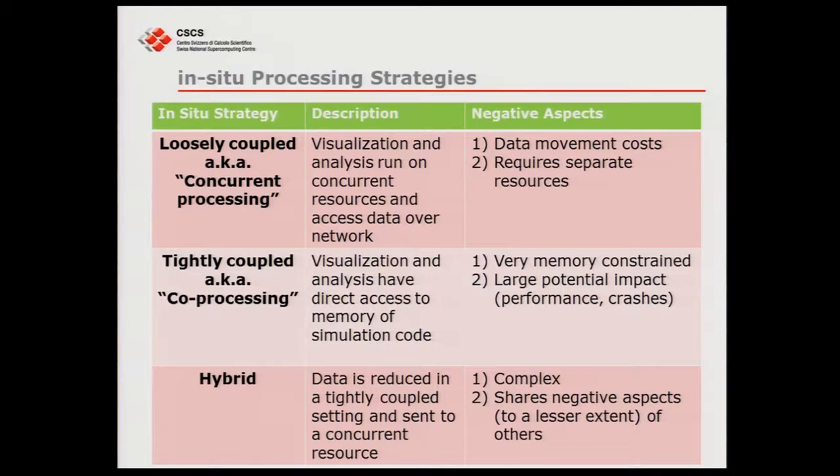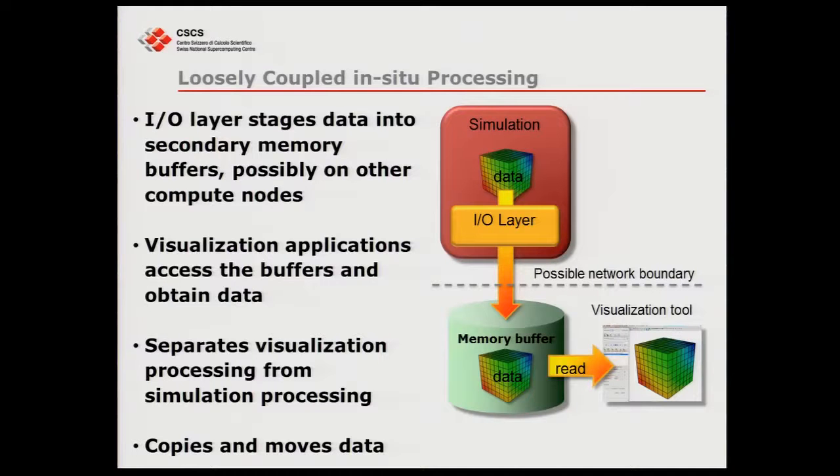There's the tightly coupled co-processing paradigm where we bind together simulation and visualization. This is what we've implemented in VisIt. And then the hybrid solution is the case where you would do some data reduction on the supercomputer and send that to an additional resource elsewhere.